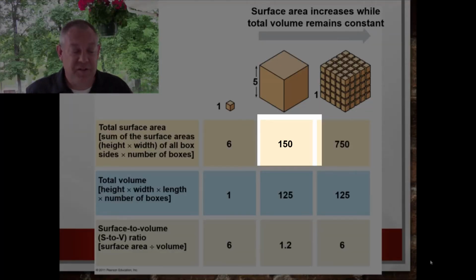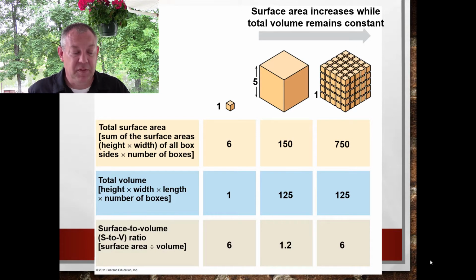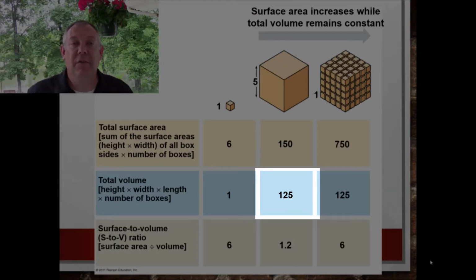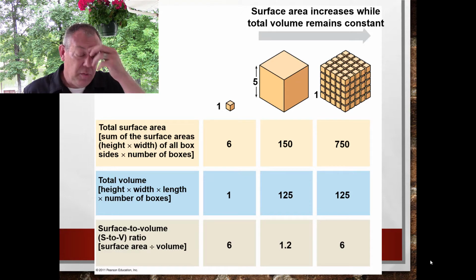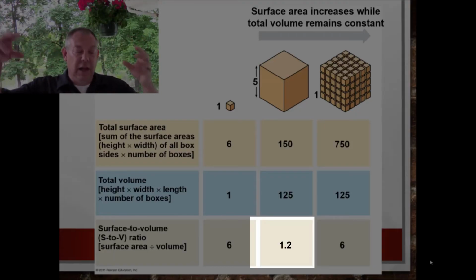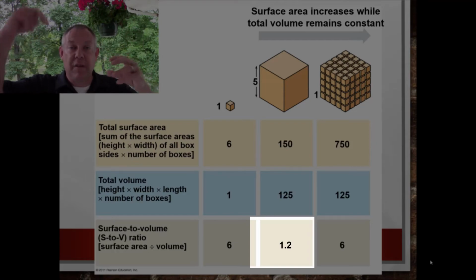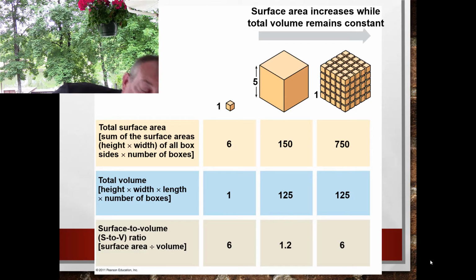The volume of this cell is 5 times 5 times 5. It's 125 cubic centimeters. So you have a lot more surface area in this bigger cell, but you also have a lot more volume, right? Consequently, the surface area to volume ratio for this big cell is 1.2. Big things have very low surface area to volume ratios.